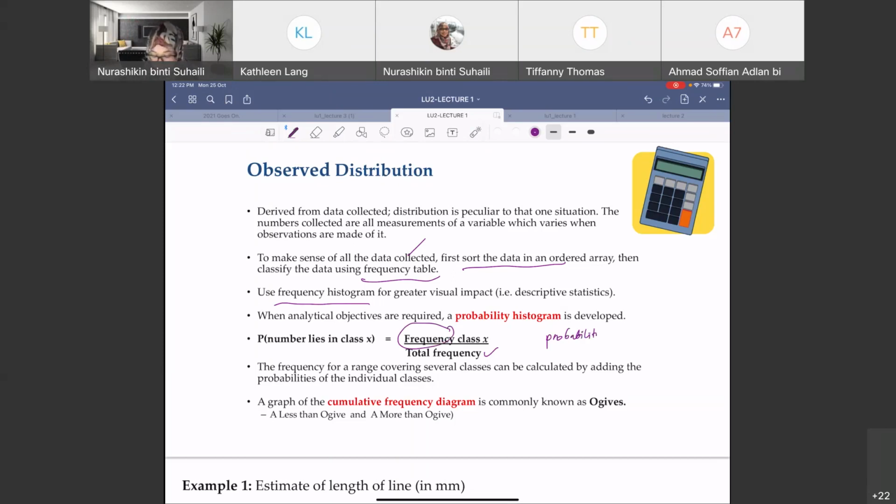Let's say you have the frequencies 5, 1, 7, let's say this is X with its values, 2, 7, 2, 9, and the total N is 15. So when you find the relative frequency, 5 over 15, that is actually referring to the probability.